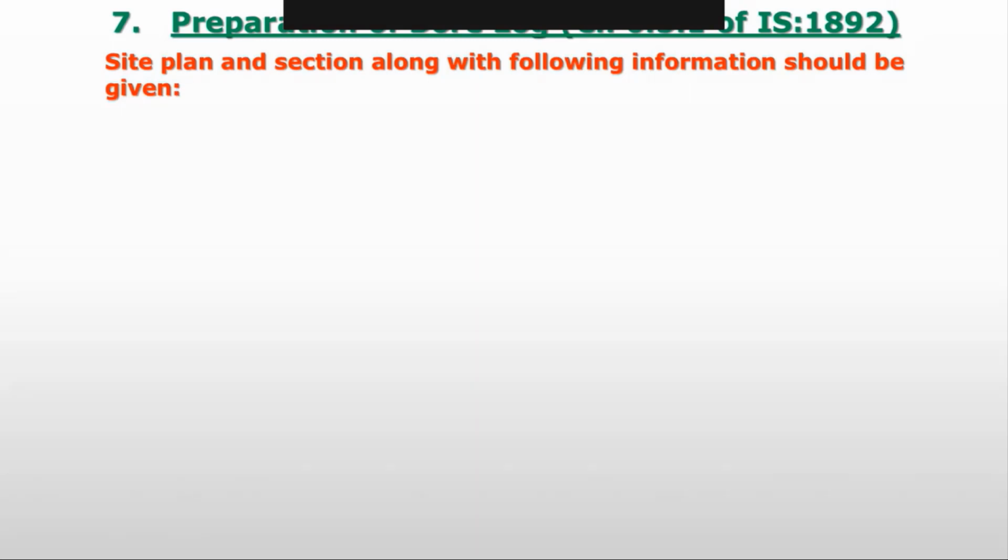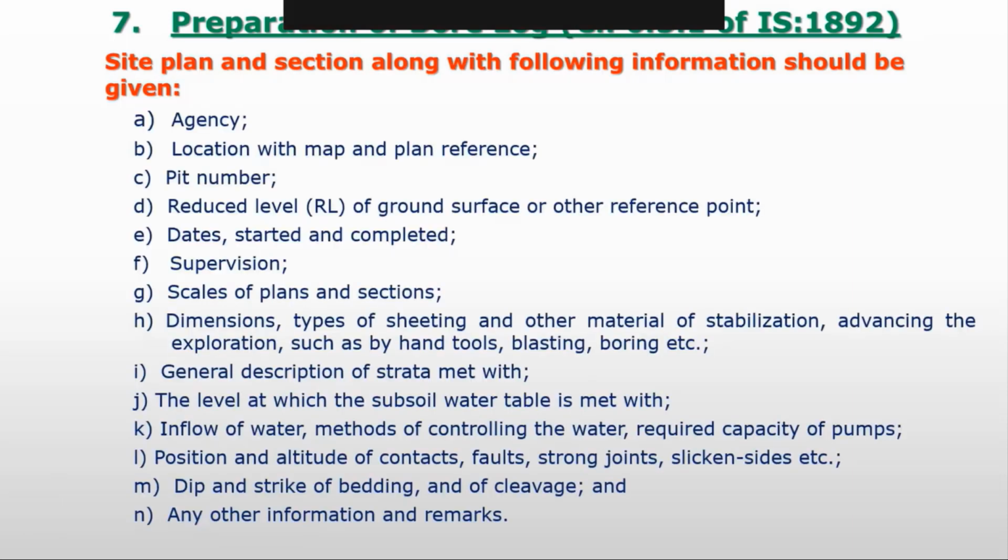Site plan and selection along with the following information should be given: name of agency, location with map and plan reference, pit number, reduced level of ground surface or other reference point, dates started and completed, who has supervised it, scales of plans and sections, dimensions, types of casing and other materials of stabilization, and method of advancing the exploration such as by hand tools, blasting, boring.